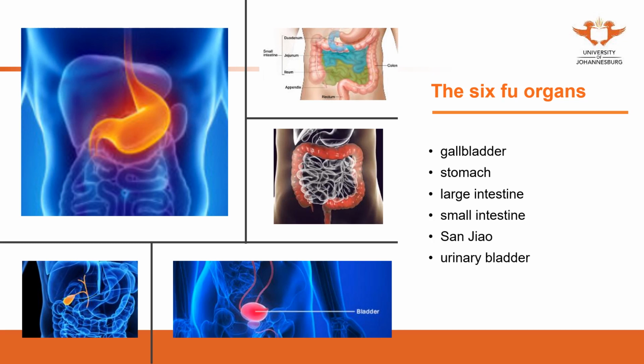The 6 Fu organs refers to the gallbladder, the stomach, large intestine, small intestine, sanjiao, and urinary bladder. So as you can see from here, it mainly refers to the digestive system and sanjiao.